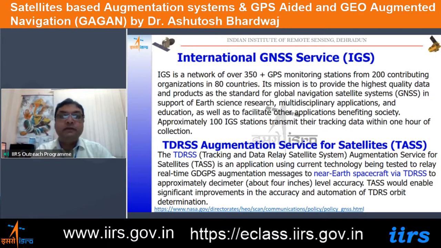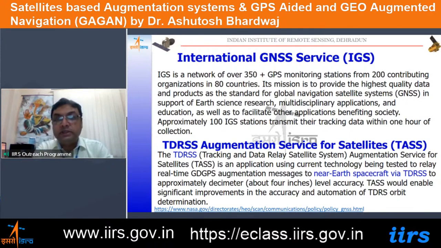Besides this, we have the IGS stations, International GNSS Service. In the beginning, they were called International Geodesy Stations, and when the GPS was formulated in the 1990s, when the IOC and FOC completed in 1993-94 and the IGS stations started working, it was renamed as International GPS Service.